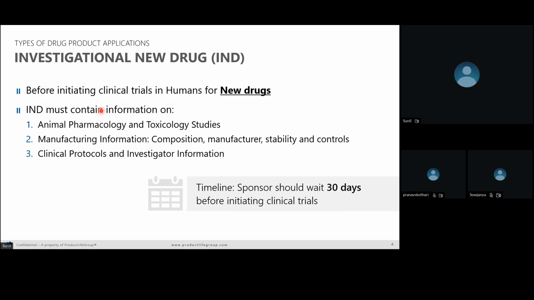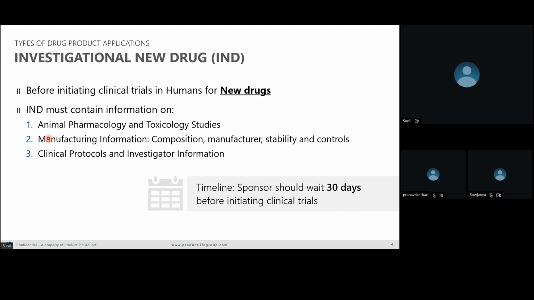You can start preclinical studies. Based on the data of the preclinical studies, that means animal pharmacology and toxicology studies, you can propose the human studies for the first time. So in the IND application, you have to submit 3 types of data to the US FDA for them to approve your clinical trials and your IND.